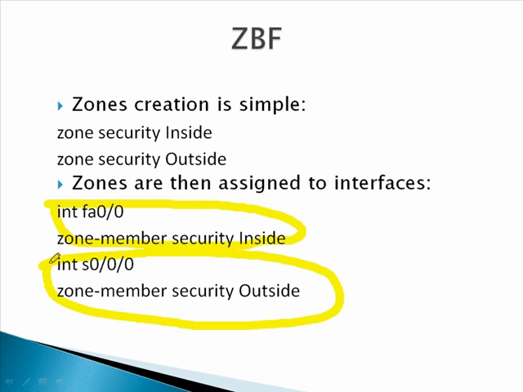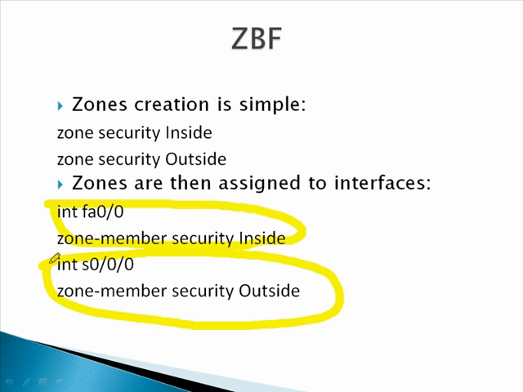Okay, so there's some things to keep in mind here that aren't listed on the slide. When you create zones, traffic is not going to pass between zones if you don't apply a policy, and we'll see how to create the policies later. Interfaces that aren't a member of zones can't talk at all to interfaces that are a member of a zone.